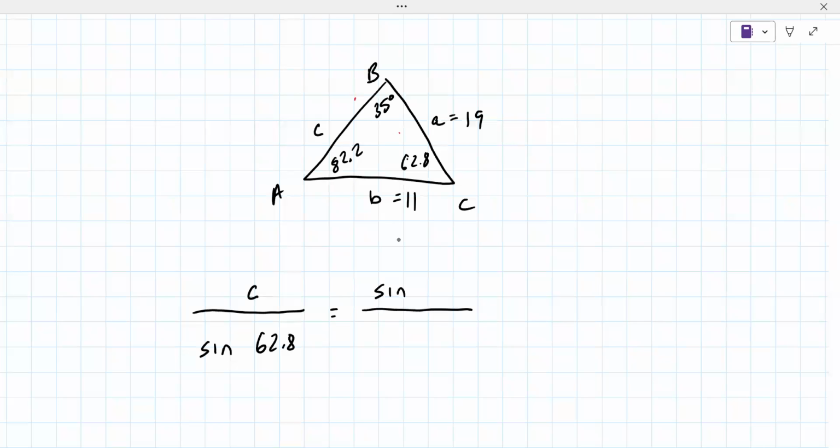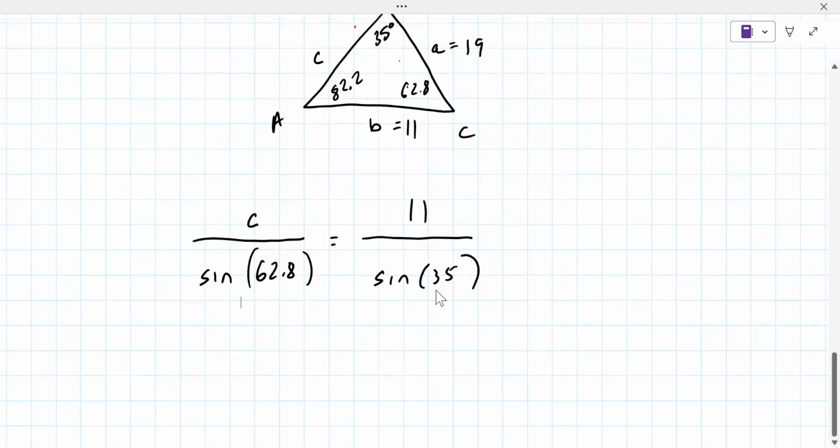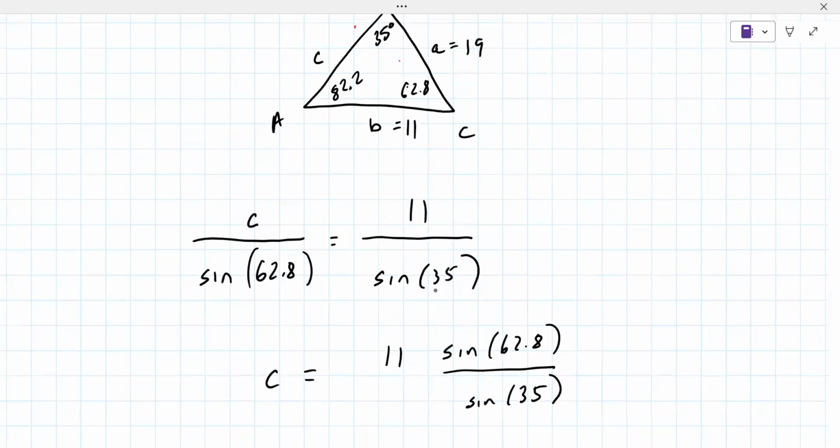So 11 over sine 35, like that. All right, so this is all for c. You multiply both sides by sine 62.8. So it's 11 sine 62.8 over sine 35, like that.